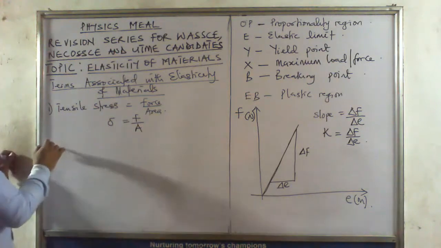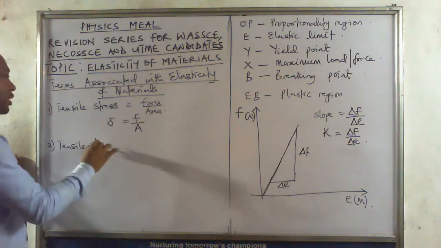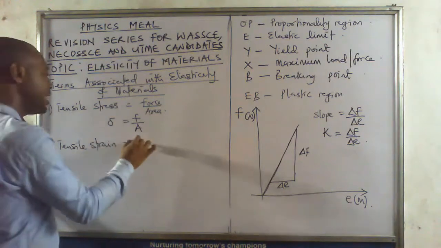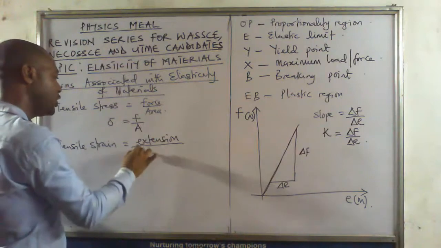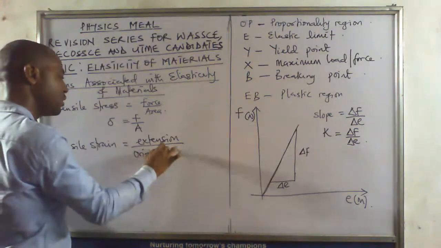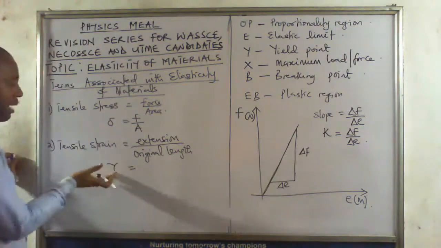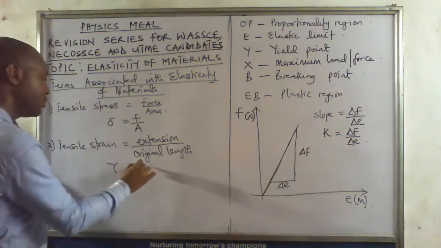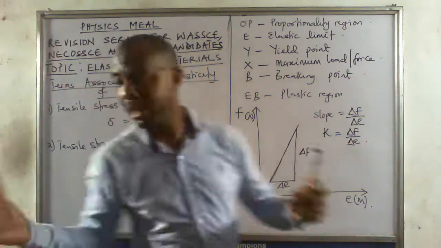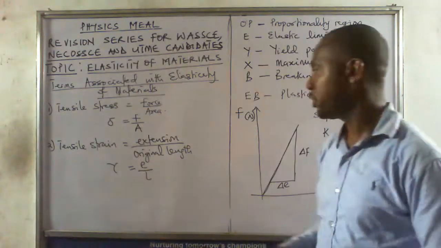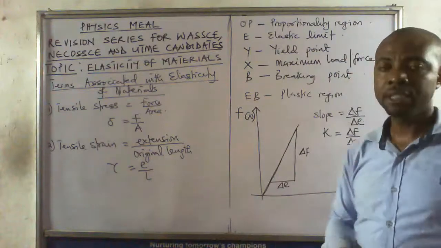Then we have tensile strain. Tensile strain, or strain, is extension over original length. If the strain I use gamma, you know that symbol, its extension over the original length L. That's my strain. Strain is extension per unit length.